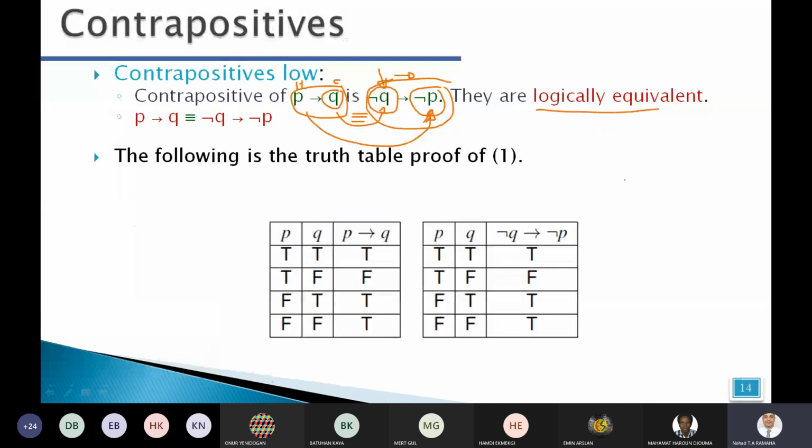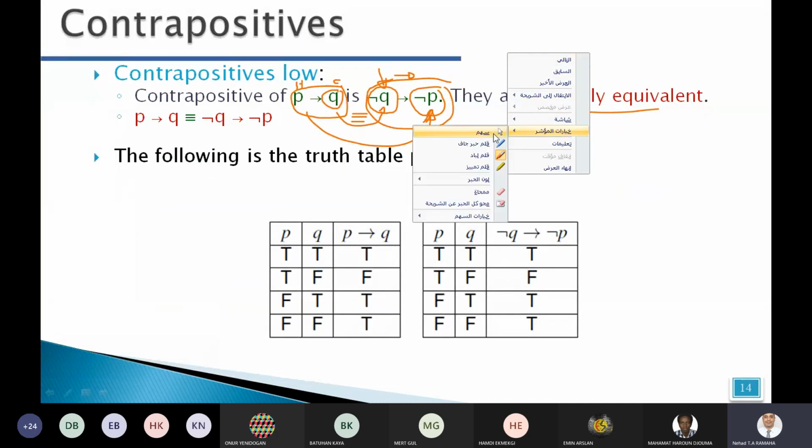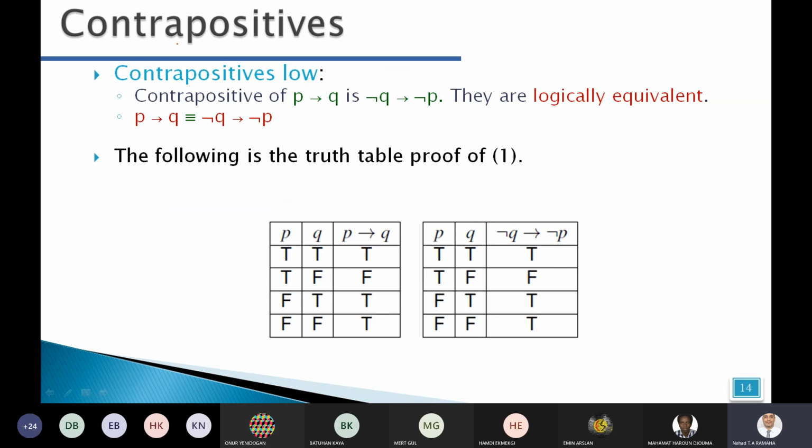Okay, sorry. This law which is contrapositive law, mentioned that if I have P implies Q, then it's logically equivalent with not Q implies to not P. Then to prove this law, we need to get P implies Q and not Q implies not P, and check if they are similar.